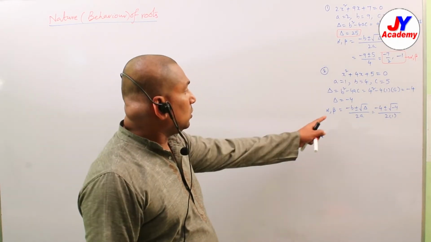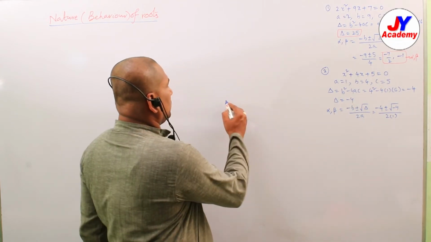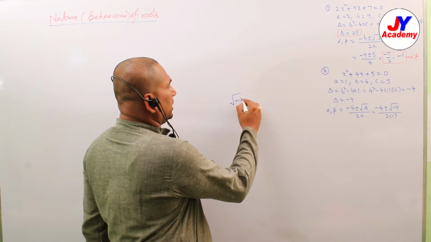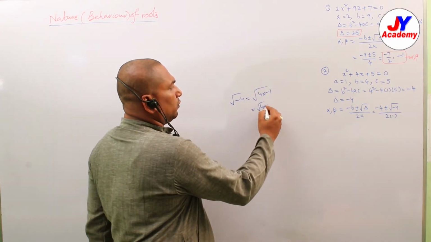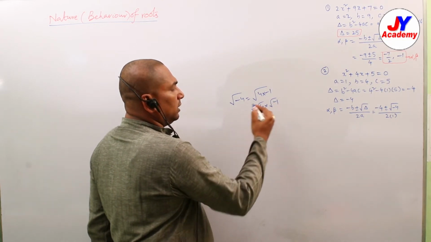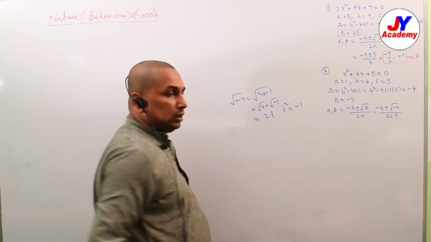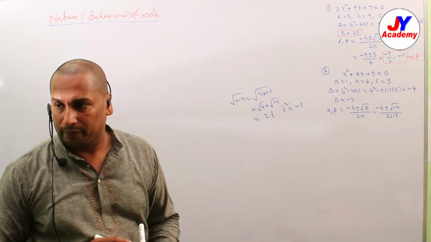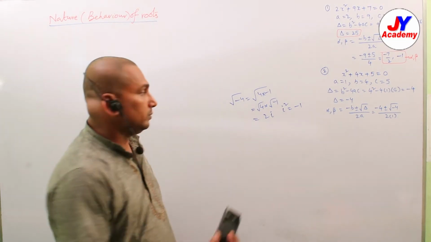Now root over minus 4 means root over 4 into minus 1, that is root 4 into root minus 1. Root 4 is 2, root minus 1 is i, where i square is equal to minus 1. That is imaginary, not real.